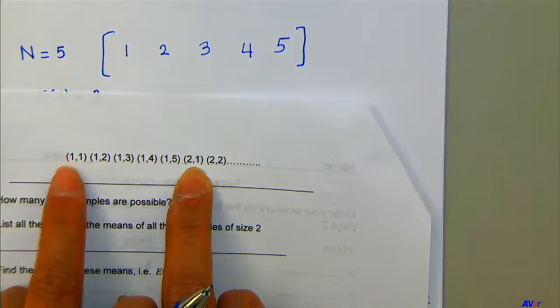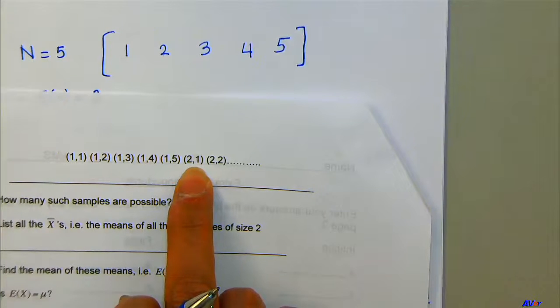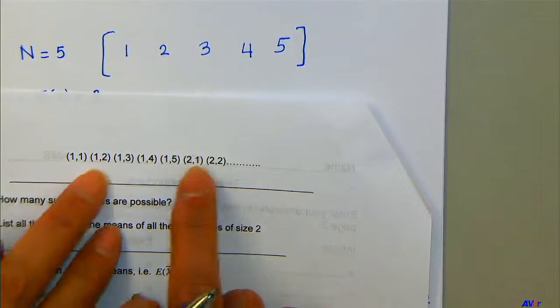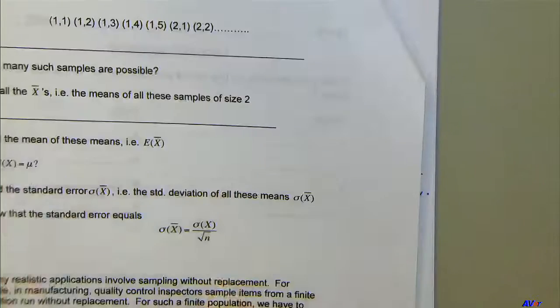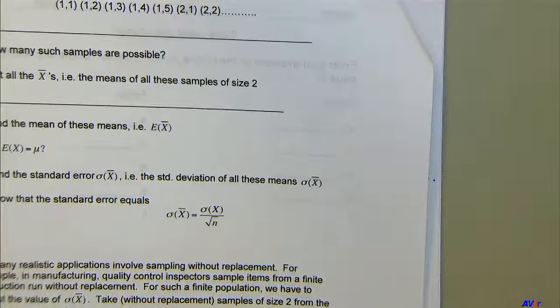So some of these values have frequency 1, and some of them have frequency 2. Do you see? In this one, there is no 1, 1 and 2, 2 and 3, 3 with frequency 1.